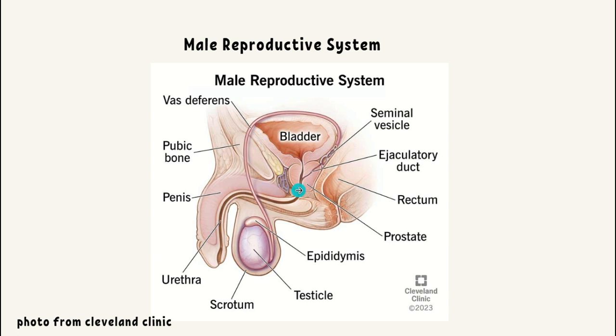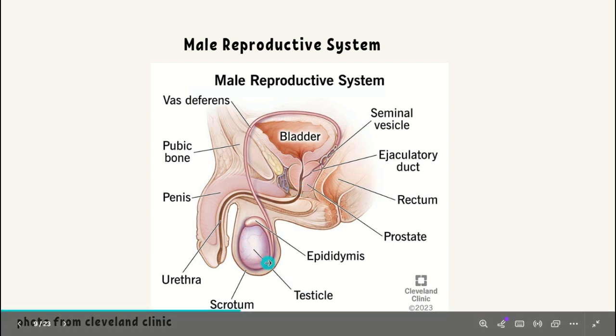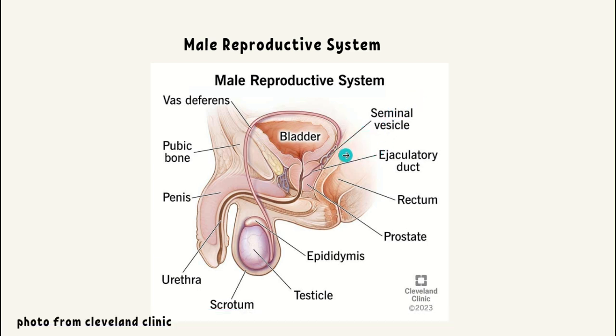Then you have the testes, which are located within the scrotum, as we can all see right here. This is the scrotum, and the testes are responsible for producing sperm and the male hormone testosterone. So the sperm is produced, and the vas deferens transports it to the seminal vesicle. The seminal vesicle makes the semen. So we already get that far.